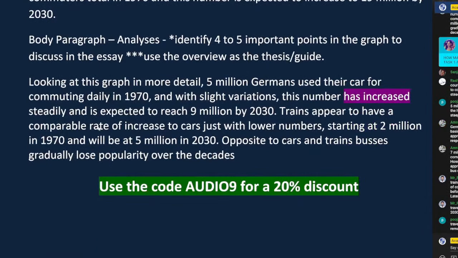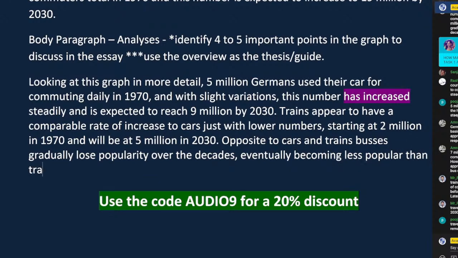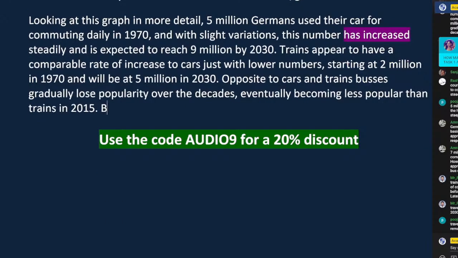Over the decades, and then here I can say eventually becoming less popular than trains in 2015. And then here, one more sentence. So by 2030, I'm starting my sentence with a time expression, so I follow it with a comma.